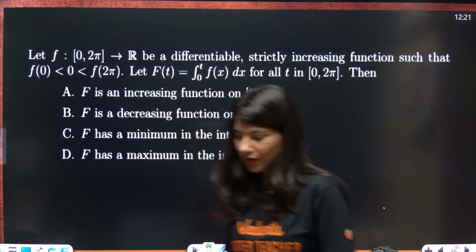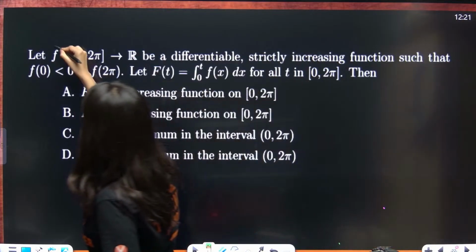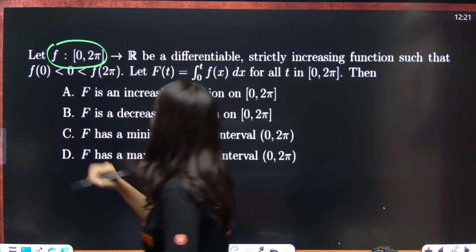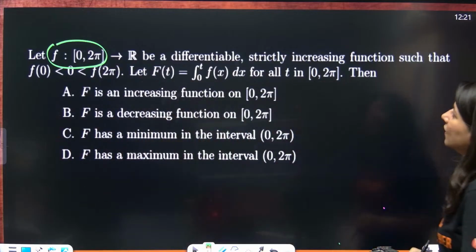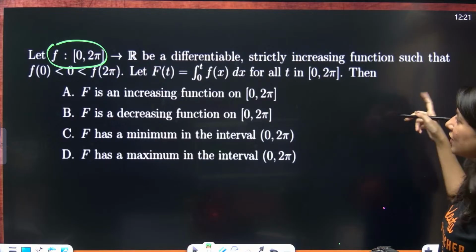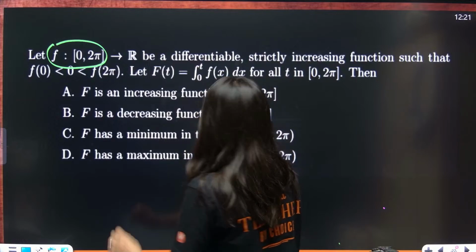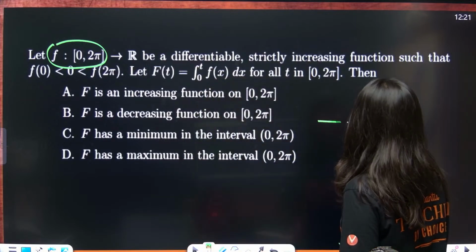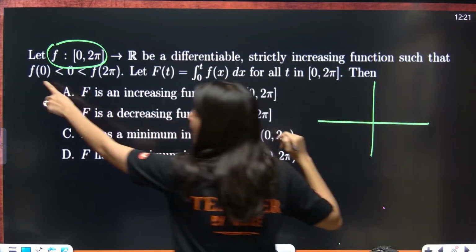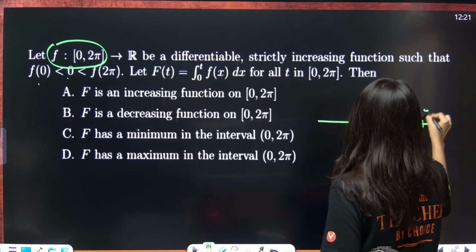Now there is this function f such that the function is differentiable and strictly increasing. Okay, strictly increasing function, so an increasing function looks like this. f of 0 is negative, so this is your 0 and this is your 2 pi.